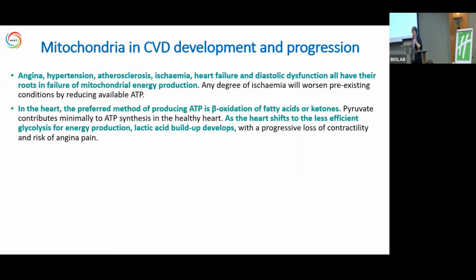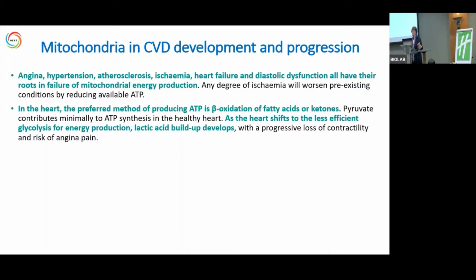So when you get into heart disease, and particularly in heart failure, because you haven't got enough energy for the heart to pump properly, and you haven't got enough oxygen to run oxphos, the heart has to go into anaerobic glycolysis.